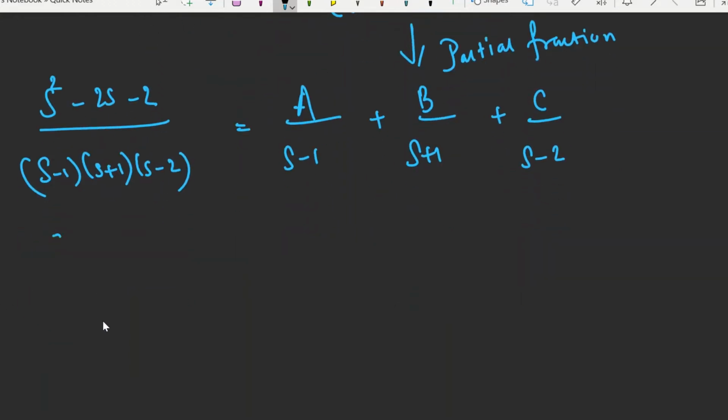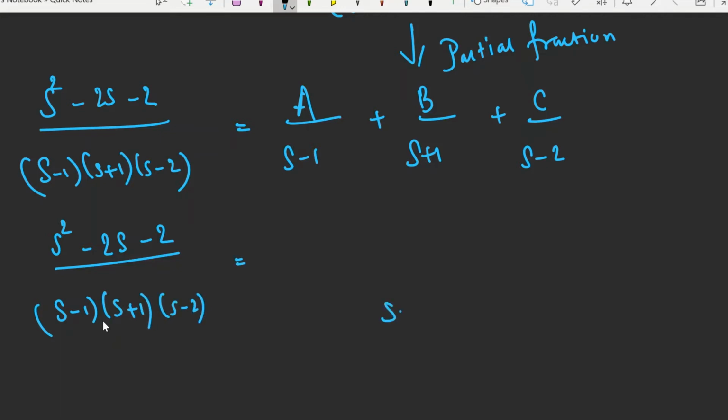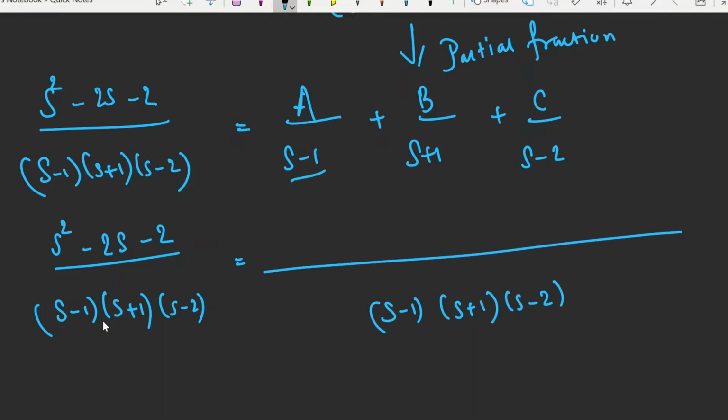Now s square minus 2s minus 2 divided by s minus 1, s plus 1, s minus 2 equals, take the LCM here. Compare the denominator of a and the common denominator, and write the excess terms. The denominator of a is s minus 1, so the other two terms are s plus 1 and s minus 2.